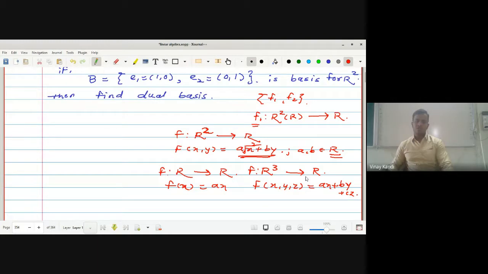From R3 to R it is ax plus by plus cz. From R to R it is of the form f of x equal to ax.